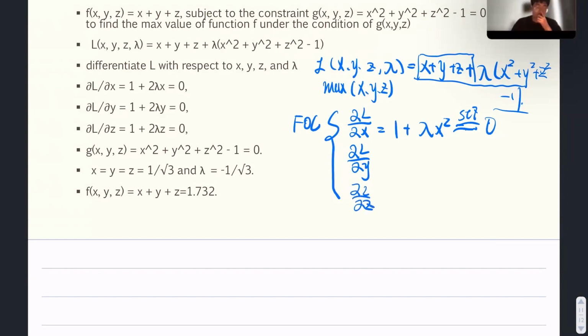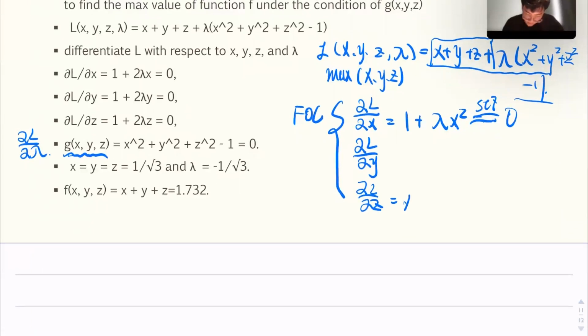And we can take the other derivative, with respect to lambda. This process eventually gives us x squared plus y squared plus z squared minus 1, and we set it equal to 0.